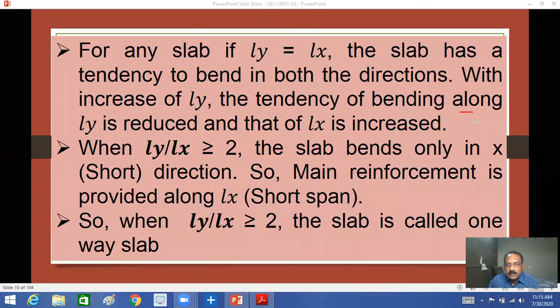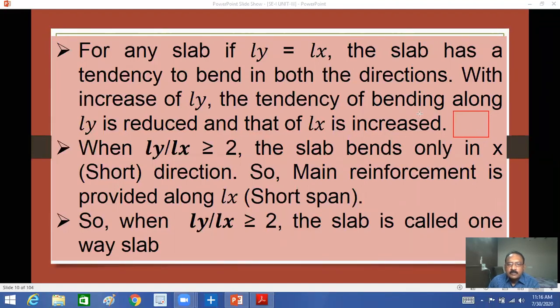Suppose a square slab is there. If both are the same, the bending moment towards all four beams is equal. Suppose you increase Lx and Ly unequally, so Ly is increased and Lx decreases. So the load will be distributed like this, only along the shorter span, right?